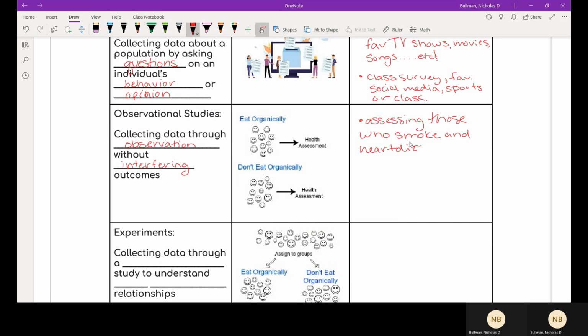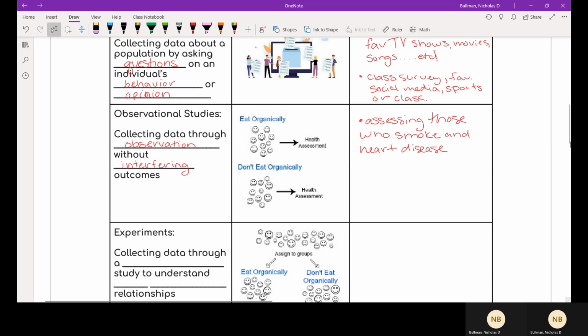Wow, I cannot spell. Once again, this is why I do math. They're not giving them any sort of treatment or medicine. They're not affecting their exercise.